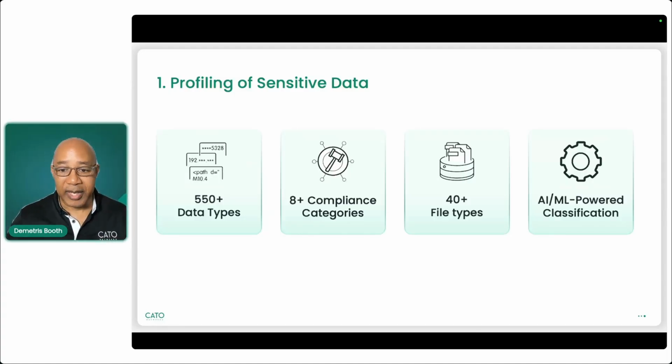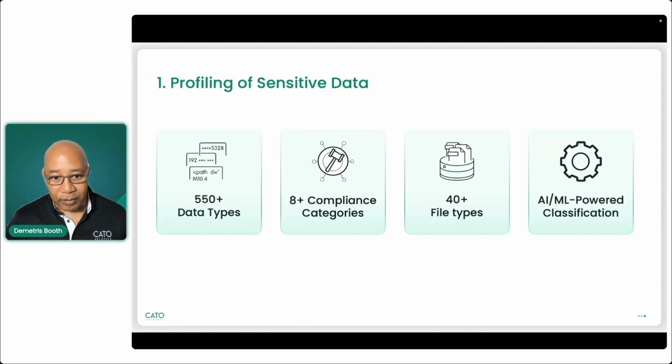This is a capability that allows organizations to define custom sensitive data patterns that are unique to their business or their industry. And then of course we have ML classification, which enhances the data protection by using machine learning to automatically identify sensitive data based on the context and the intent, and not just patterns or keywords.